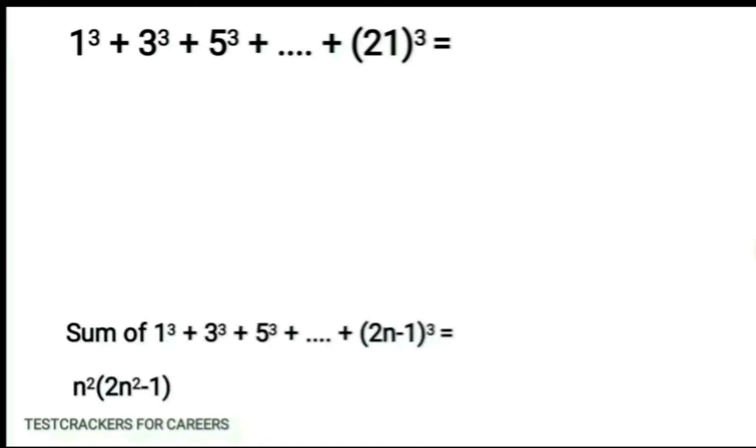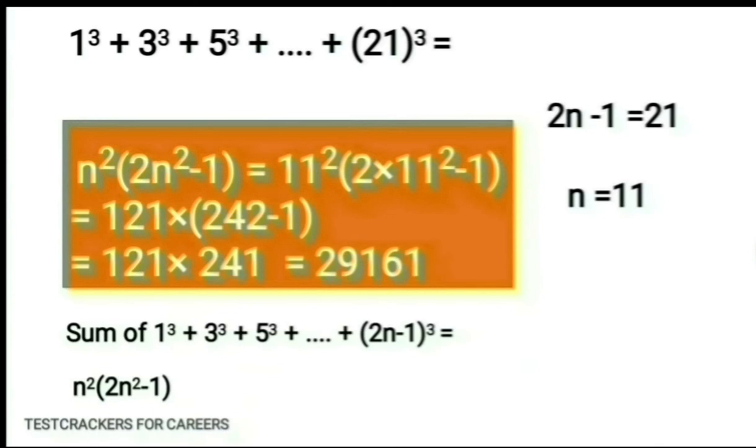The sum of the series is given by n squared into 2n squared minus 1. This series is an odd series. So 2n minus 1 is equal to 21 and n is equal to 11. The sum of the series is given by 11 squared into 2 into 11 squared minus 1, which is equal to 29161.